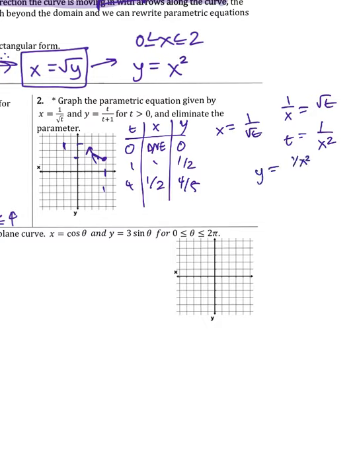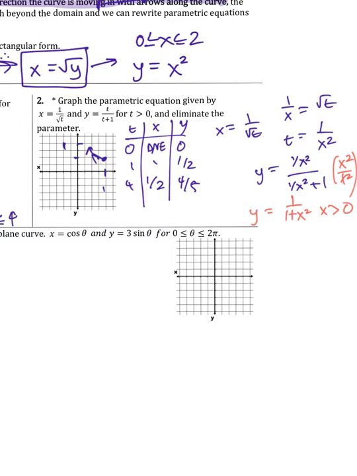So y is going to equal (1 over x squared) over (1 over x squared plus 1). We can multiply to get rid of this yucky complex fraction. You could leave it like that if you wanted to, but getting rid of the complex fractions, this would give me that y is going to be equal to 1 over 1 plus x squared, and this is true for x greater than 0.